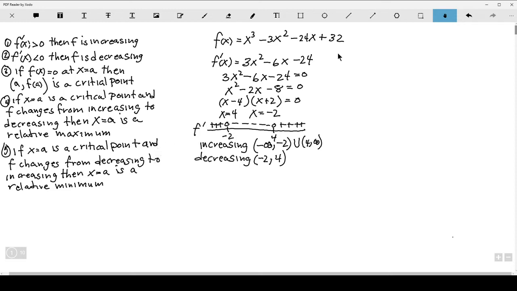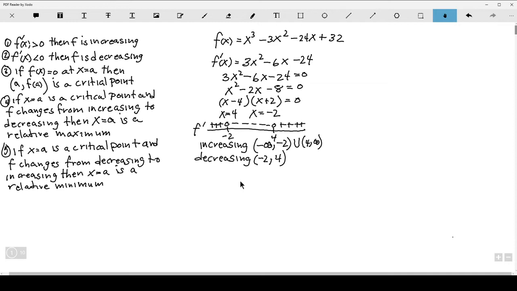And the first function that we looked at was this polynomial here. To determine where it was increasing and decreasing, we had to take the first derivative, right here, set it equal to 0, go through the process of solving it, and then we made this little sign line, and on the sign line we just tested points to see where the intervals were positive and negative.